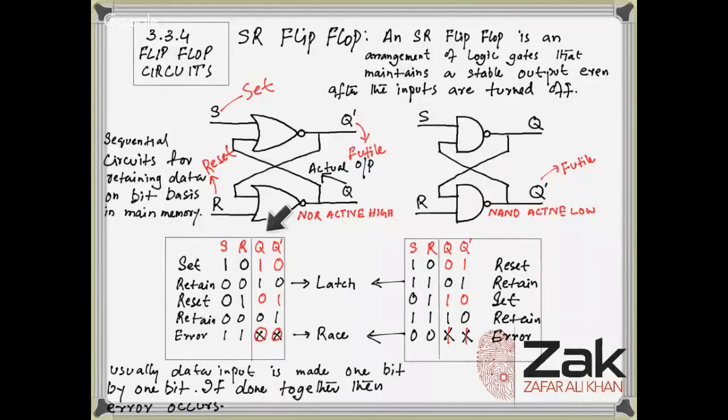So as soon as we set, we find 1 at Q. So let's say when an operating system would like to read a bit, where does it read from? At Q position. If at Q it is 1, it means in that bit 1 is saved.